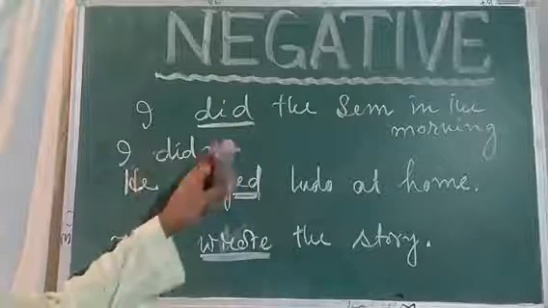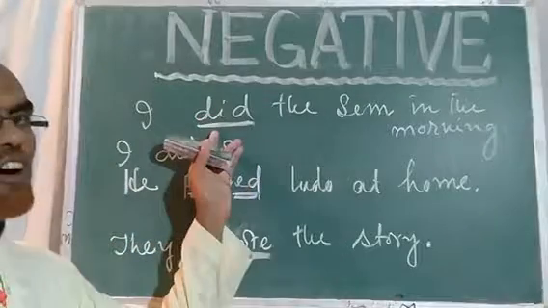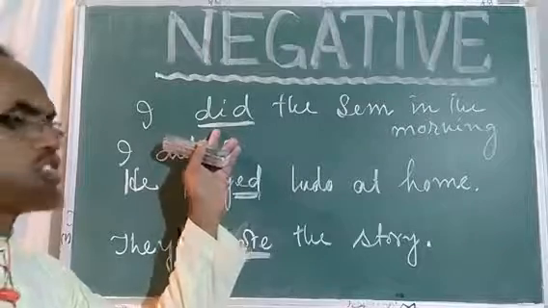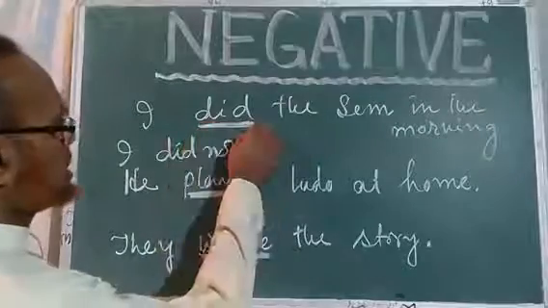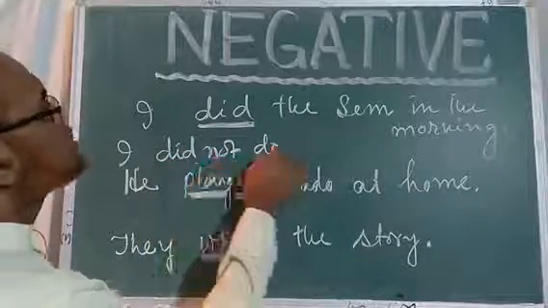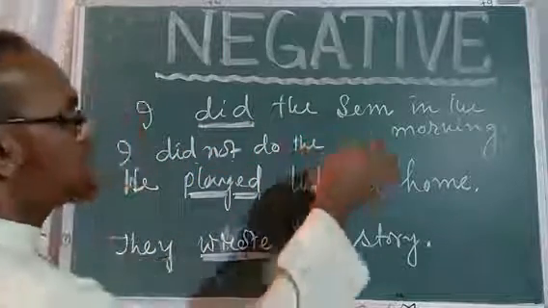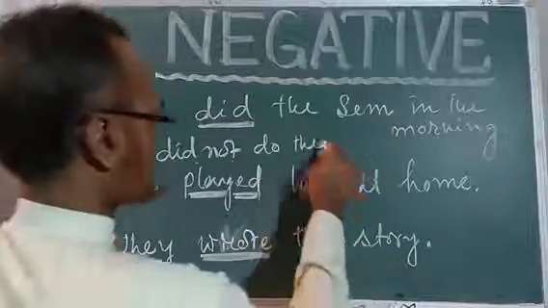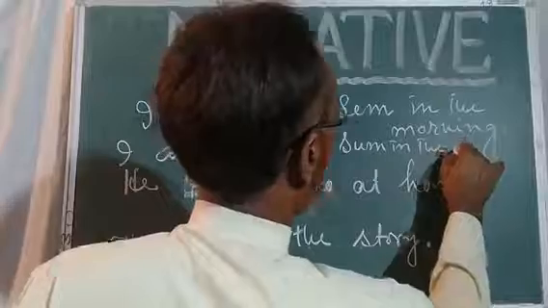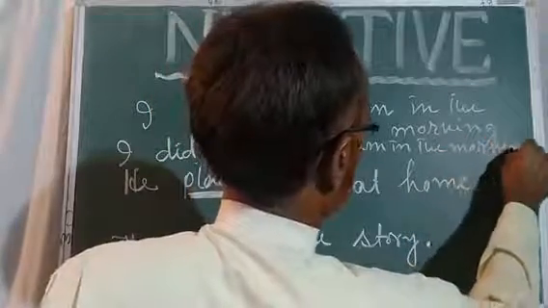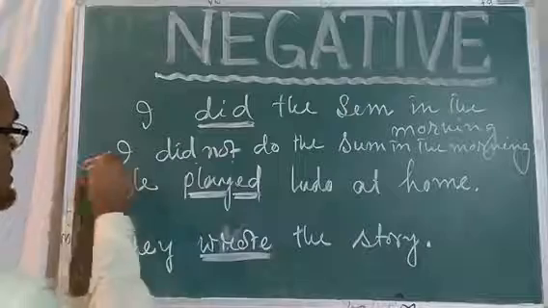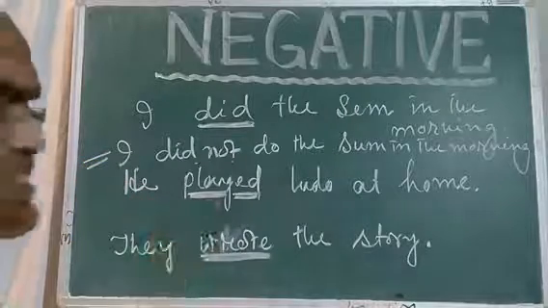After did not, we write the V1 form of the verb. Did becomes do. I did not do the sum in the morning.